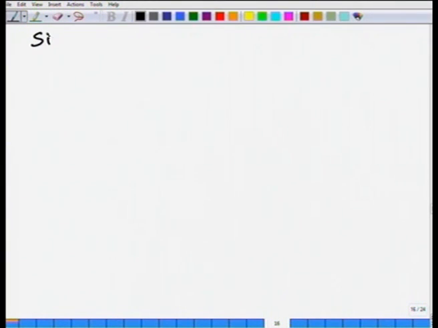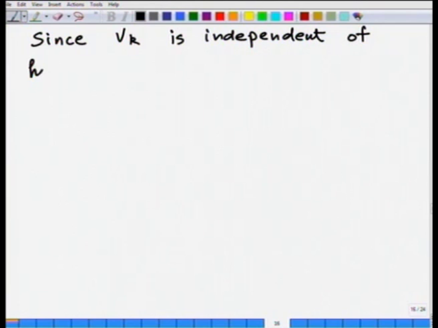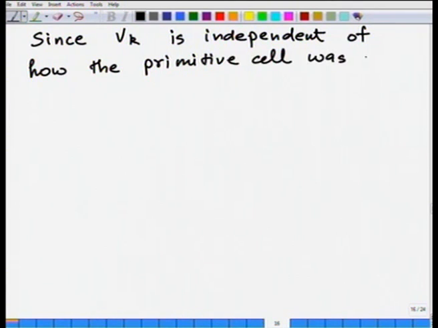Since V_k is independent of how the primitive cell was chosen, this result must be true as a general case.